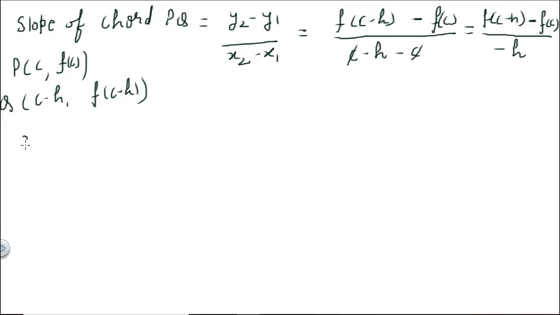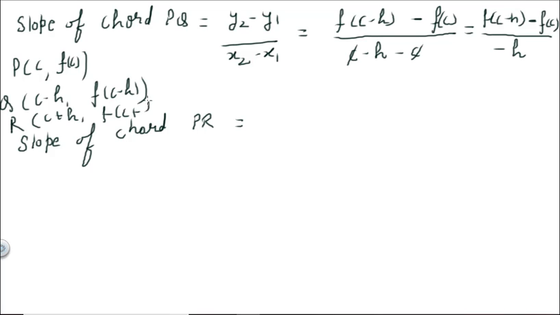Similarly, we can write the slope of chord PR, the other chord in our graph. Using the same formula, for R the coordinates are (C plus h, f of C plus h).